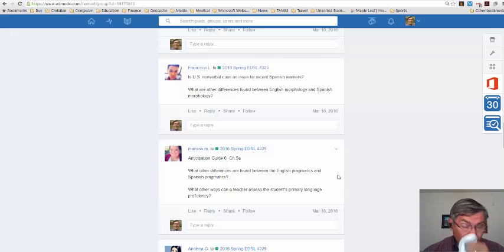Now, Marissa asks, what other differences are found between English pragmatics and Spanish pragmatics? Well, there are several. Someone mentioned proxemics, how close you are to others when you talk. There's the informal and formal, the difference between ser and eres. No, that's not right. Ser and estar. No, that's not a difference.